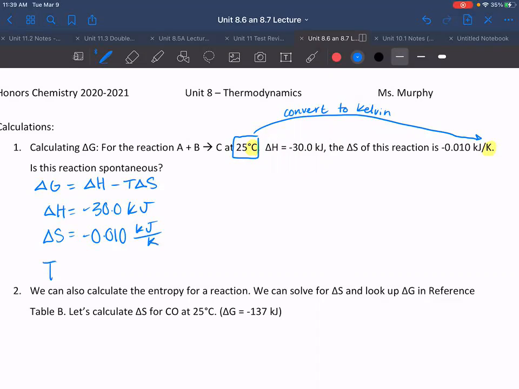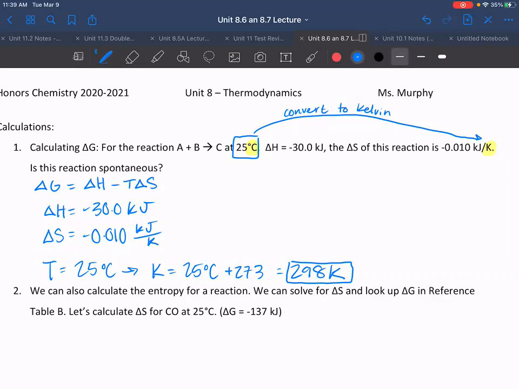And as we just said, our temperature, which is given as 25 degrees Celsius, then has to be converted. And so that equation is Kelvin is equal to your degrees Celsius, which is 25 degrees, plus 273. So that gives us 298K. So we are going to be using this 298K pretty much all the time for Gibbs free energy, because this is just declared as standard temp. So this is where all these values were established, at this temperature for delta H and delta S.